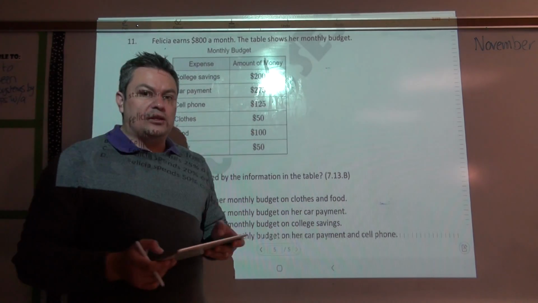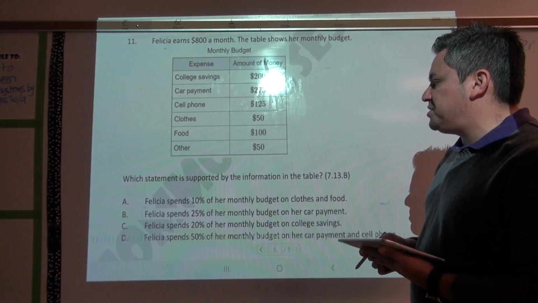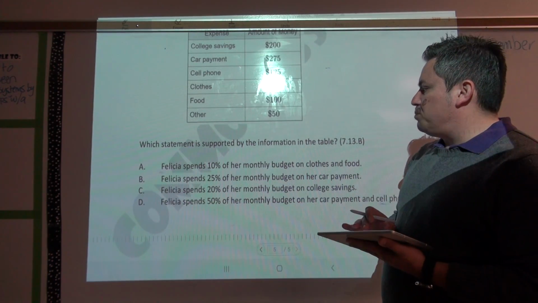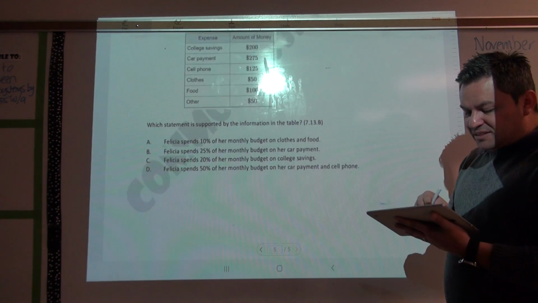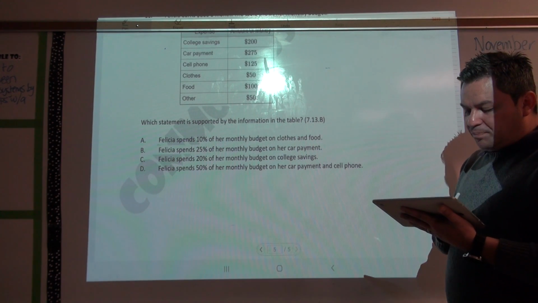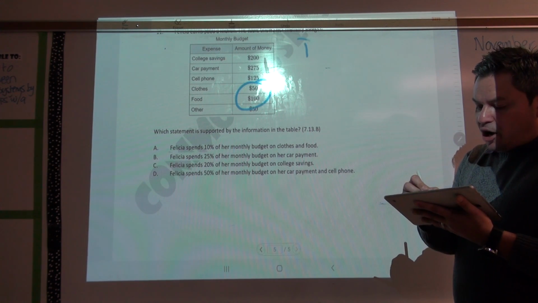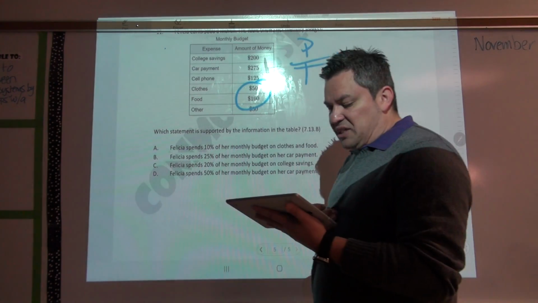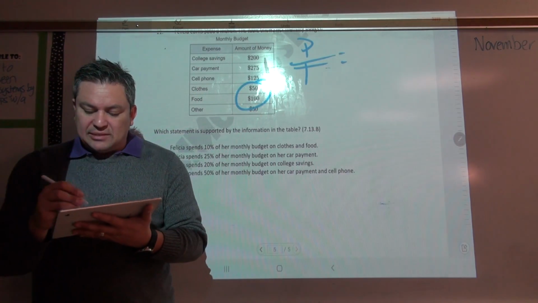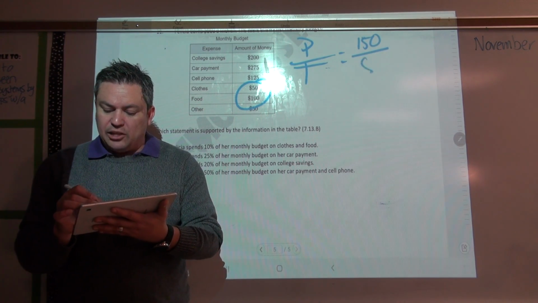Last one. Felicia earns $800 per month, and the table shows her monthly budget. Which statement is supported by the information in the table? So it says Felicia spends 10% of her monthly budget on clothes and food. So on this one, we're going to do part over total. That's a total of $150 out of the 800.